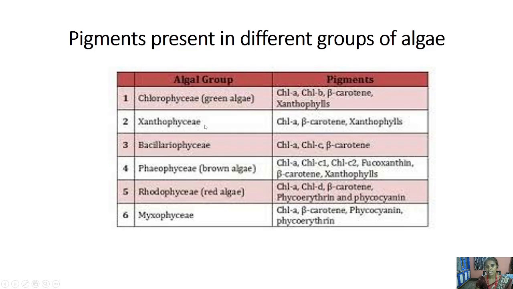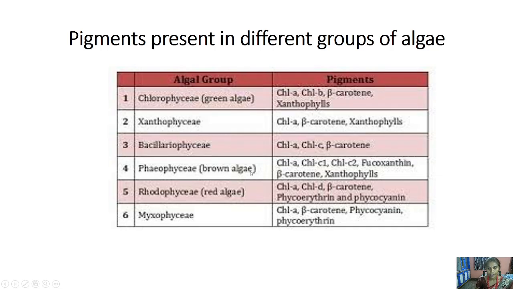Whereas Xanthophyceae, commonly called yellow algae, contain chlorophyll A, beta carotene, and xanthophylls. Bacillariophyceae, otherwise known as yellow-green algae, are diatoms which generally contain chlorophyll A, chlorophyll C, and beta carotene.